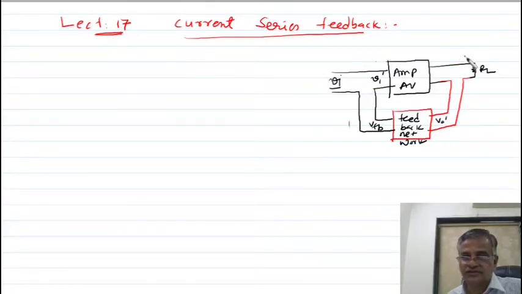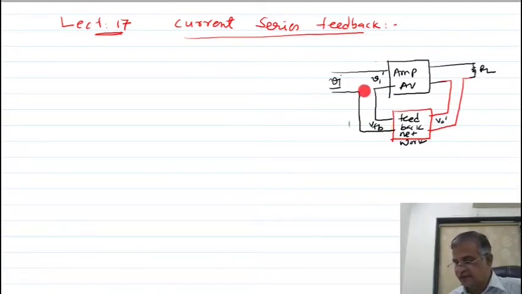If this current changes, this voltage changes. So feedback depends upon the output current, so it is called current feedback.